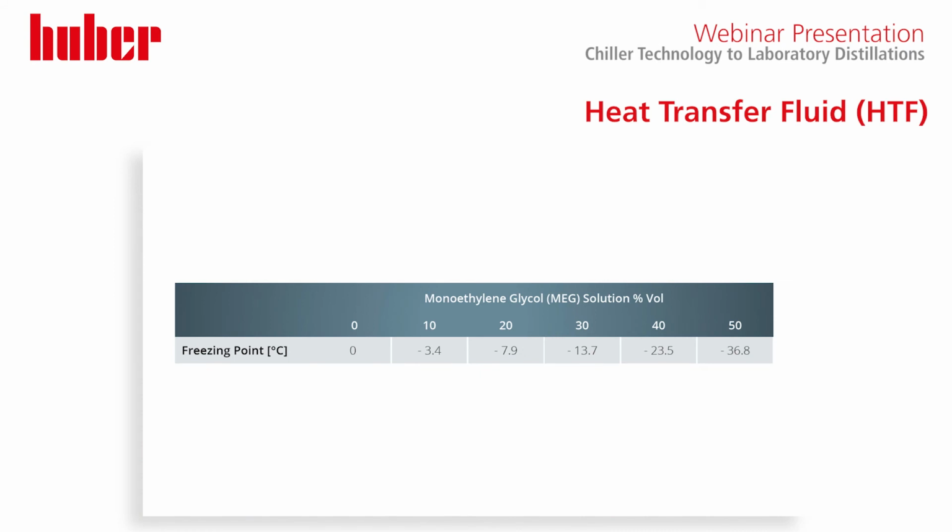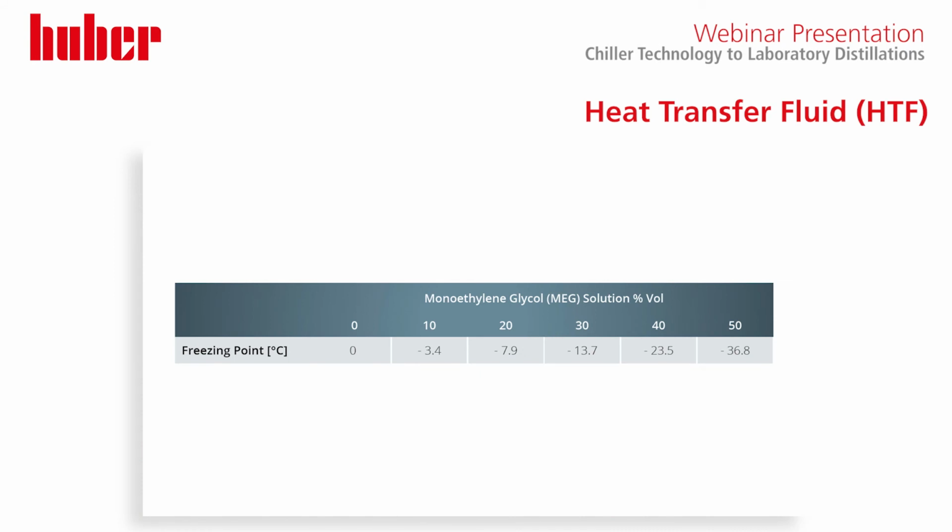At Huber, we suggest people use monoethylene glycol, and there's a couple of reasons for this. By adding glycol to water, you improve the specific heat capacity of that thermal fluid. By adding different ratios of glycol to water, you can achieve lower freezing points for your thermal fluid.